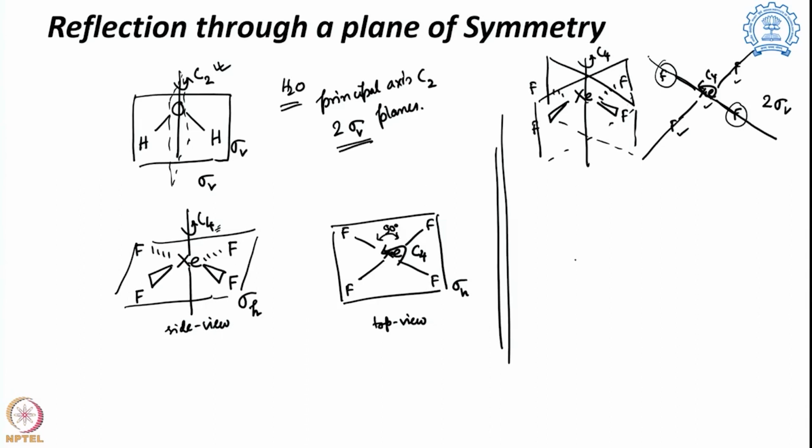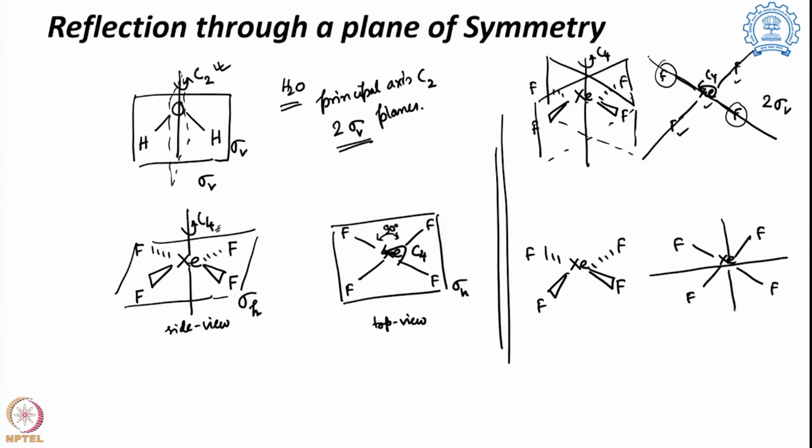But these are not the only two. We have two other C2s, and we will try to find out exactly where those other sigma planes are. These go through only the xenon, one reflecting these two fluorines to these two, and the other reflecting these two to those.